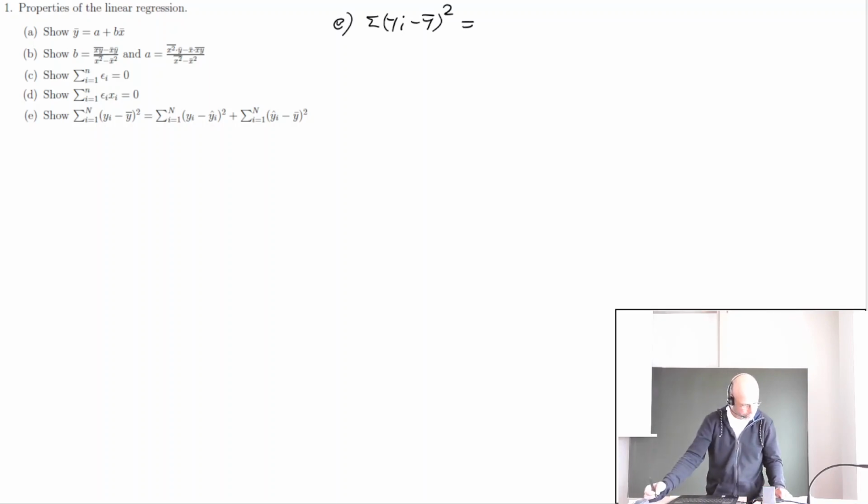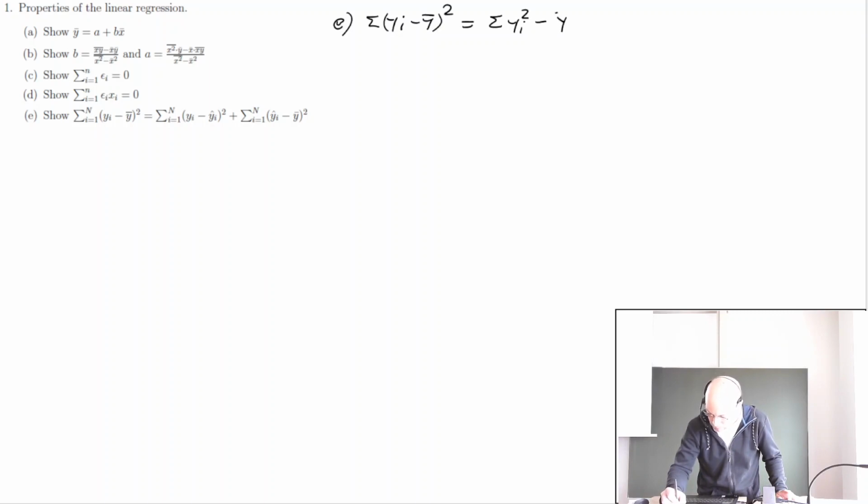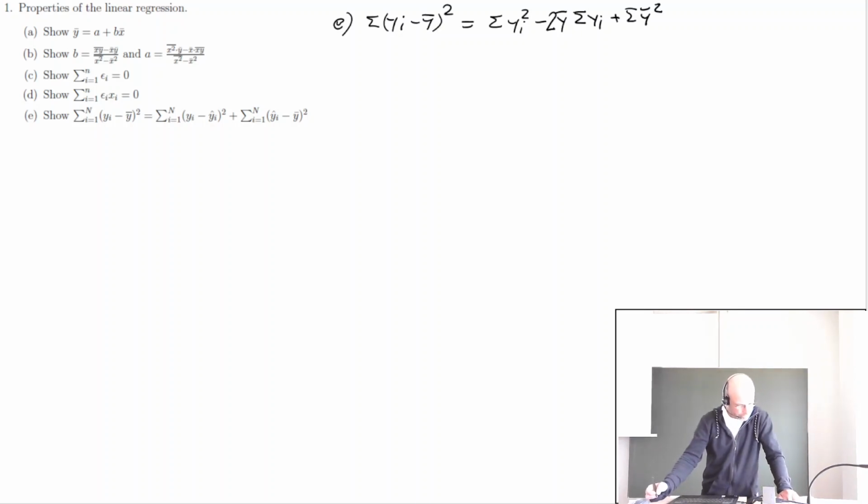And this, of course, we can write as the sum over yi squared minus 2 y bar times the sum over yi plus the sum over y bar squared.